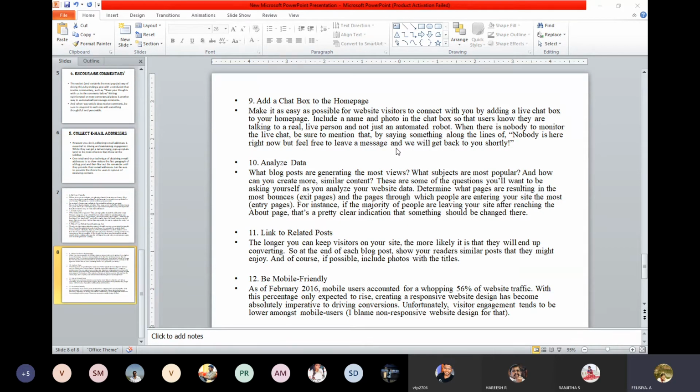Then you have links to related posts. When you are writing a blog, sometimes you really don't know the right meaning of something, but each and every time the customer cannot open Google and check what something means. So make sure, not for every word, but for very critical or complex words which the customer finds difficult to understand, or some names or animal names which the customer is not aware of, you make a link related to that post in such a way that the customer feels at ease.